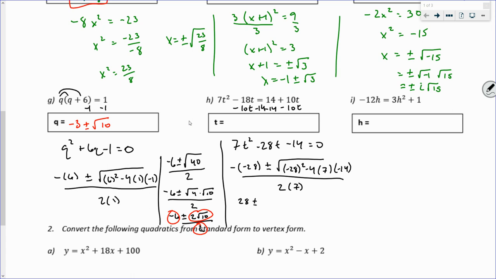Let's see if that discriminant is negative 28 squared, 4 times 7 times, 1176 divided by 14. Now I'm going to work on simplifying that radical first. I'm just going to start taking 1,176 and dividing it by the perfect squares at the front of the room.